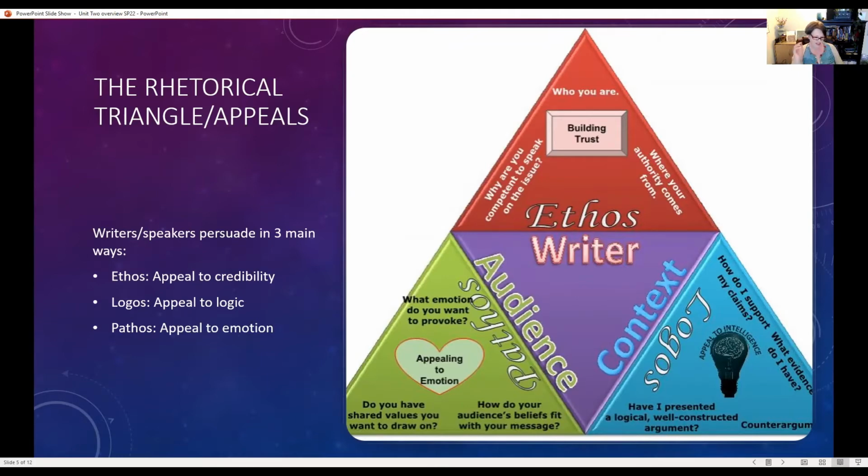And I like to use the example in some of my face-to-face classes of the advertisement for one of the animal welfare organizations, and Sarah McLachlan is singing "In the Arms of the Angel." That's the song playing in the background.